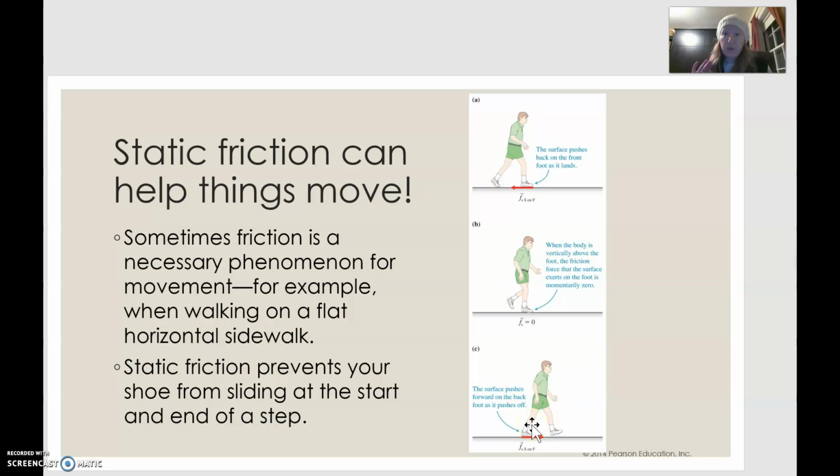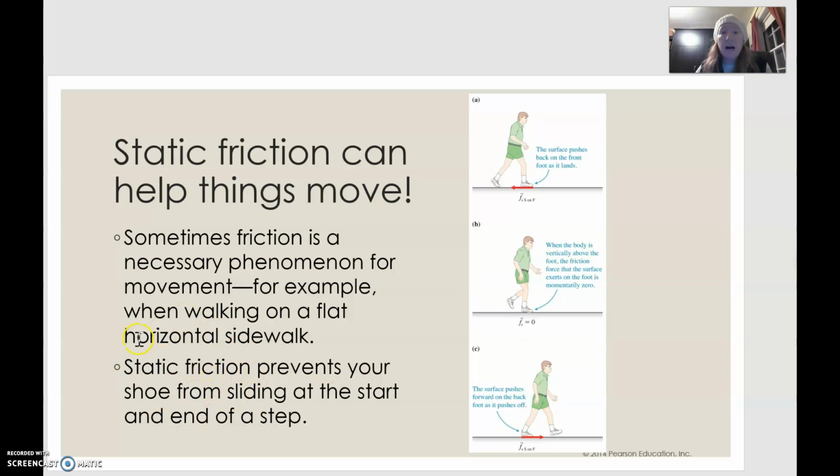You push down and back when you make a step. And then Newton's third law says that the floor is going to push forward on you, and up a little bit. So when it does that, that force, which is really friction and normal force, is providing the force that propels you forward.